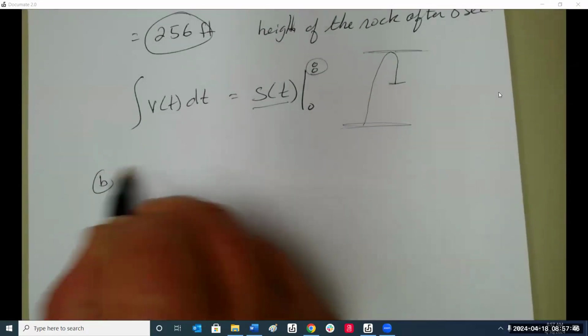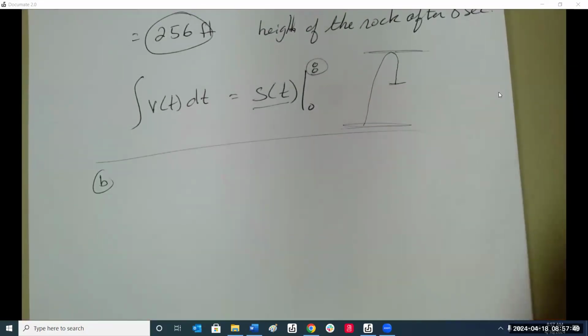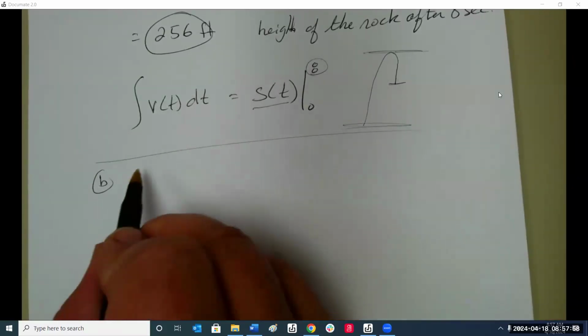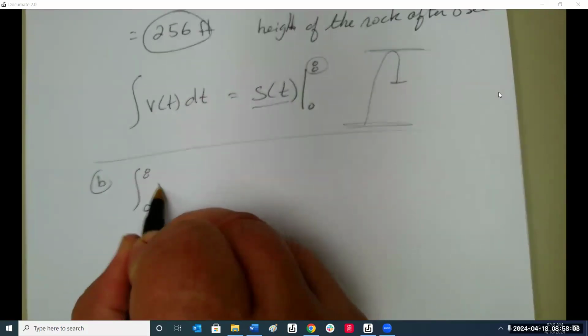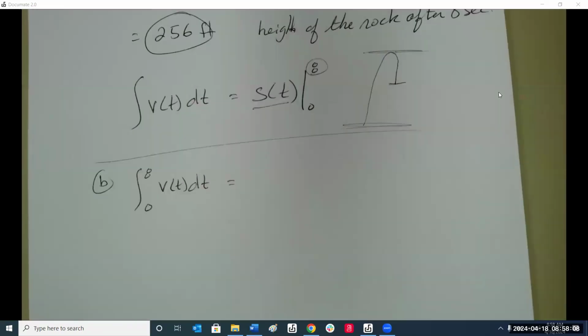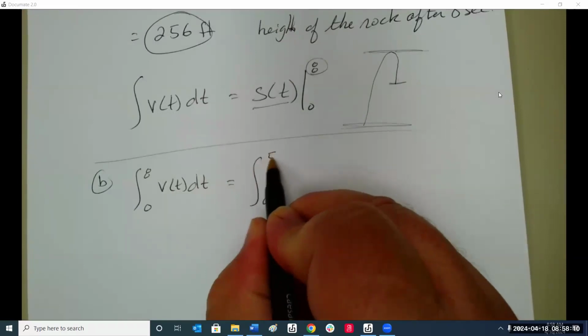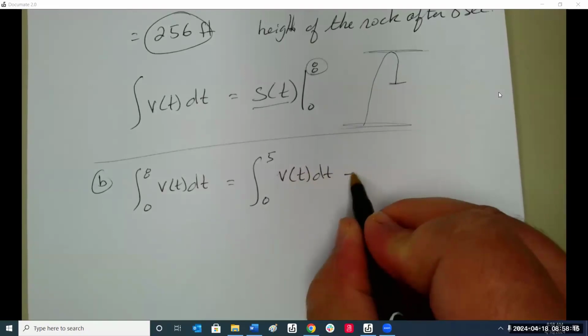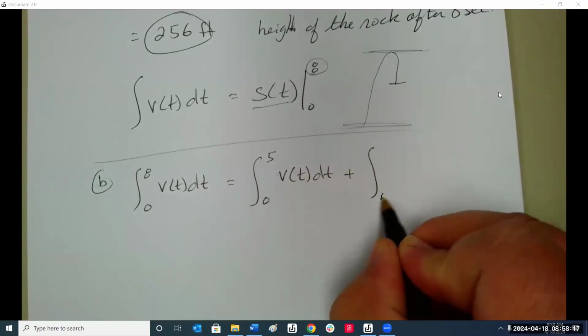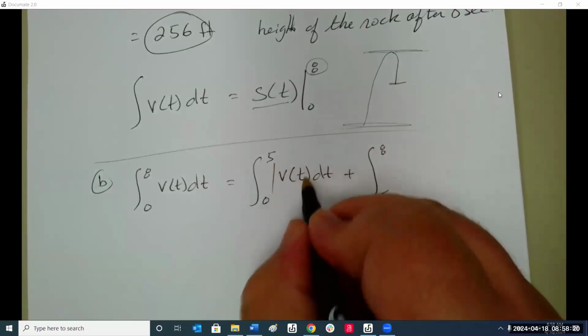Now B is asking the total distance traveled during this movement. So we're going from 0 to 8 of our velocity, which is 0 to 5 plus 5 to 8. I'm going to do the absolute values.